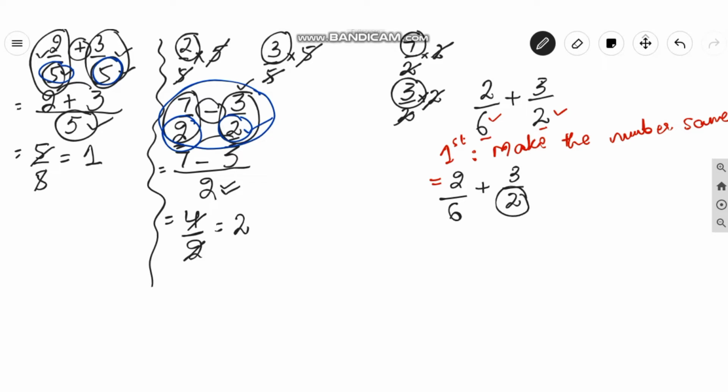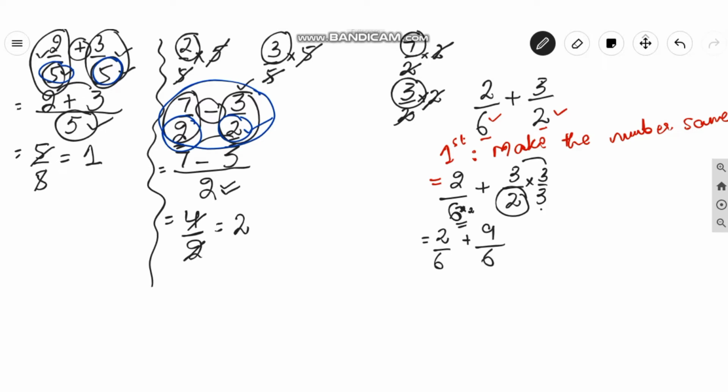You have to make the denominator 6, because you cannot convert 6 into 2, but you can convert 2 into 6 by multiplying with 3 and dividing by 3. So now our rational number will become 3 3s are 9 and 3 2s are 6.